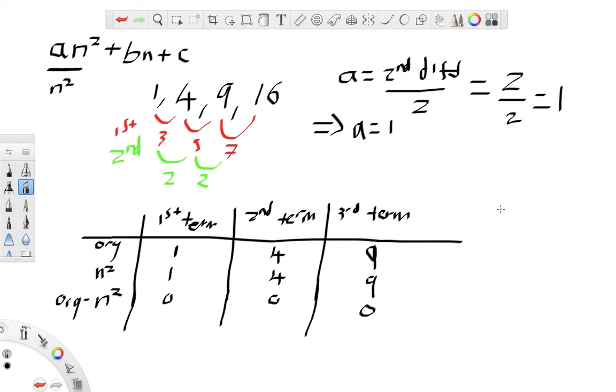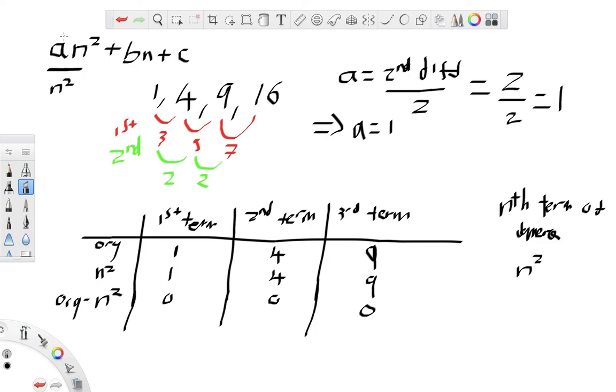So the nth term of the sequence is just n squared.